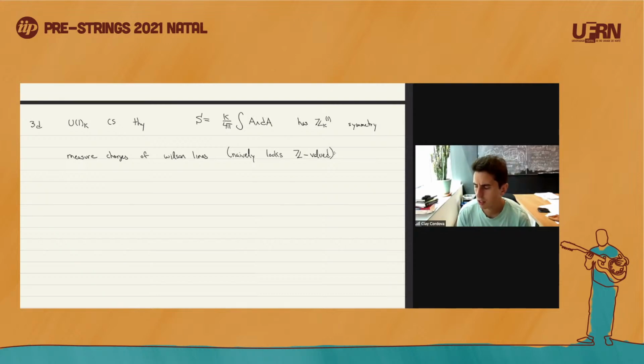And, well, what does that mean? It means that you would naively think that you have a Z-valued one-form symmetry. Now, we'll see that this reduction from Z to Z_K is very similar to the reduction from screening that we already saw in other examples. So what is the screening effect to consider?